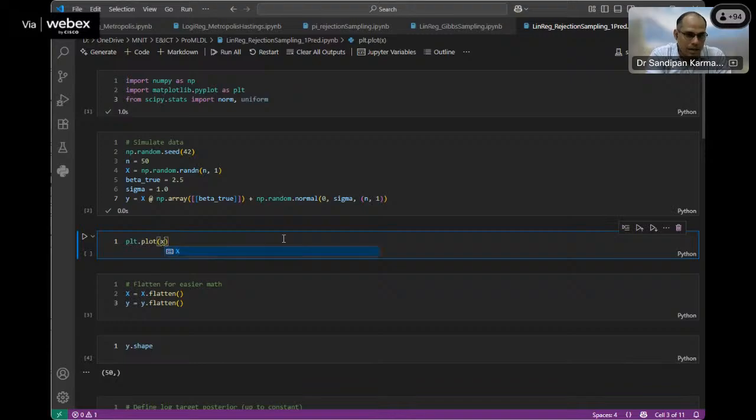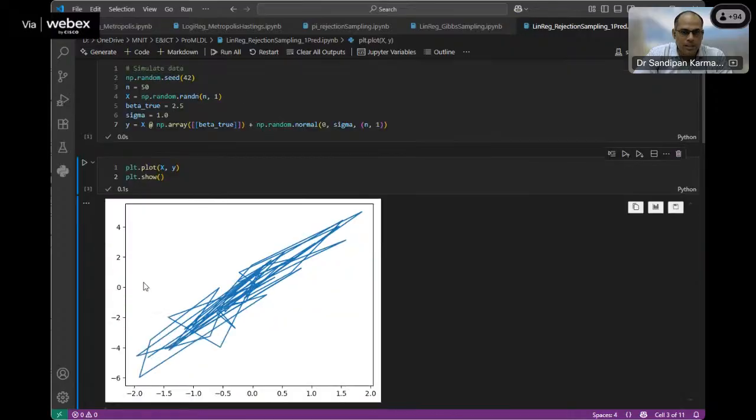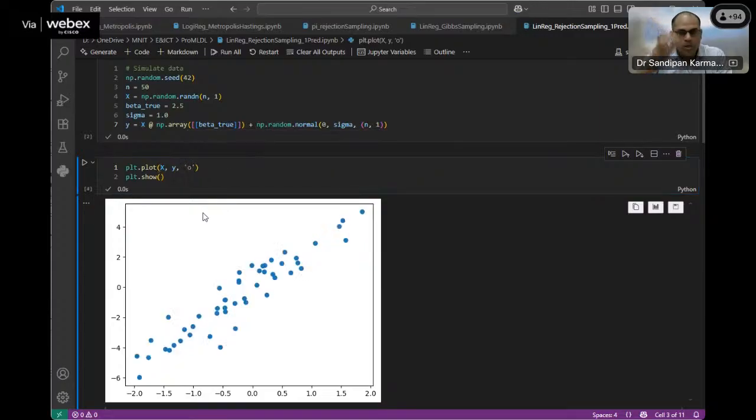So plt.plot(x, y), plt.show. So it is coming like this. Let me change this here, suppose to O. So the scatter plot is coming like this. Is it okay?